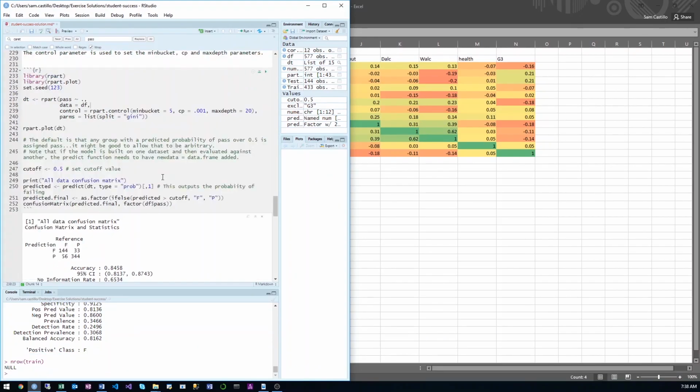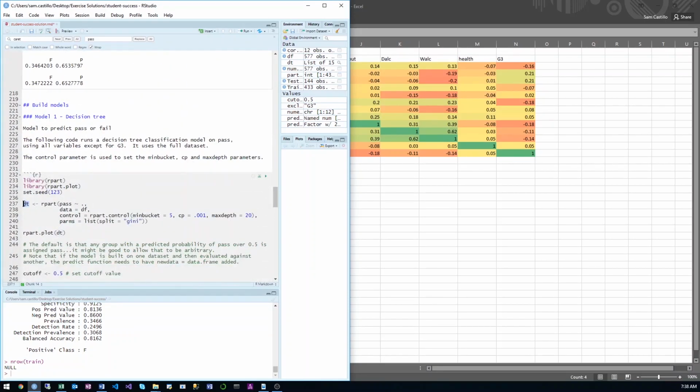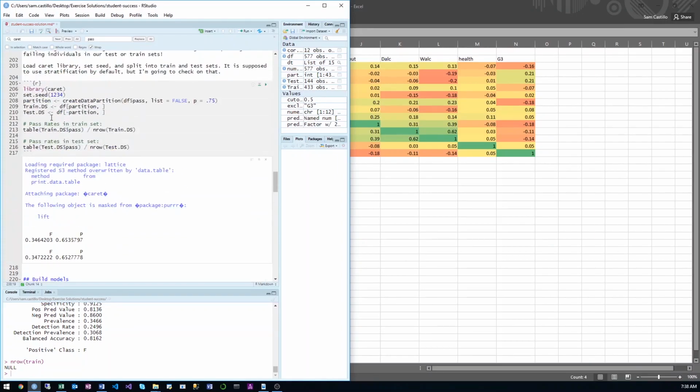I'm confused. This is giving you train the decision tree on the whole data set, which would be really bad because it would result in overfitting. So you only want to train the model on the training data.